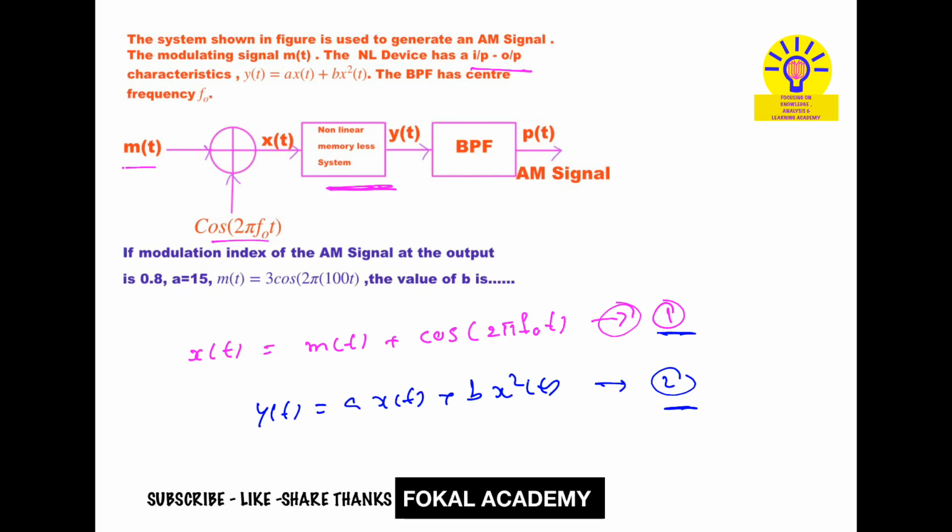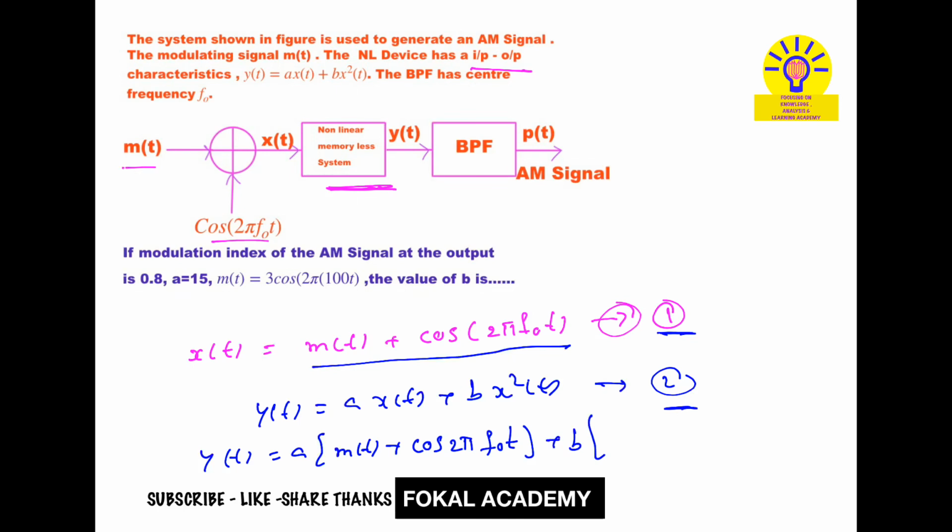Now substitute 1 in 2. Then we get y(t) = a·(m(t) + cos(2πf₀t)) + b·(m(t) + cos(2πf₀t))².